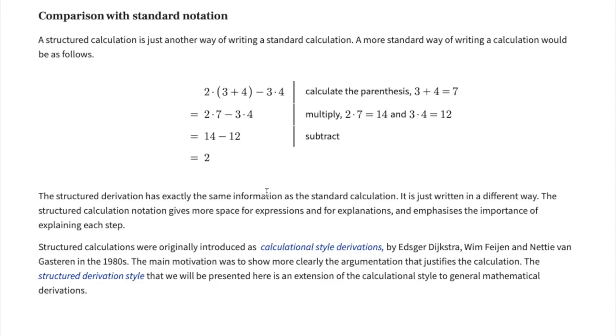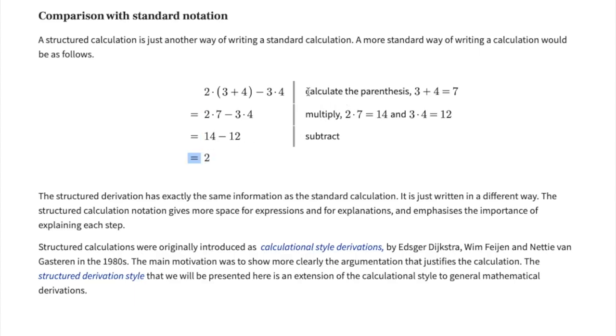We can compare this notation to standard mathematical calculation, the way it's usually written. And we can see that it has exactly the same steps. Here are the expressions, same as in the structured derivation. Here are the relations between them.